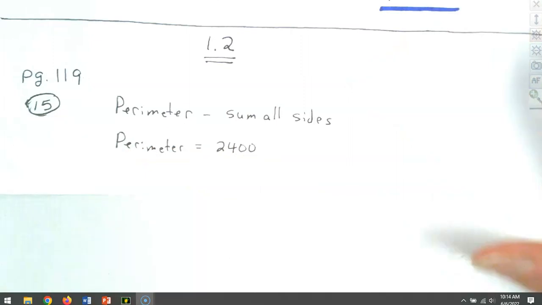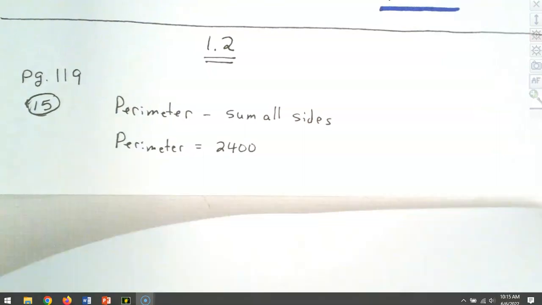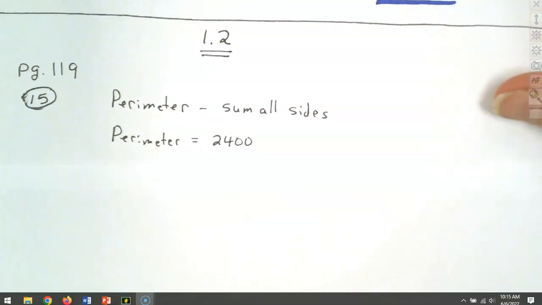I do not put the feet on our units of measure until the very end. If you start putting on units early, it gets confusing. So we know our perimeter is 2,400. Now, what type of figure is this? This is going to be a triangle. And how many sides are in a triangle? 3 sides.